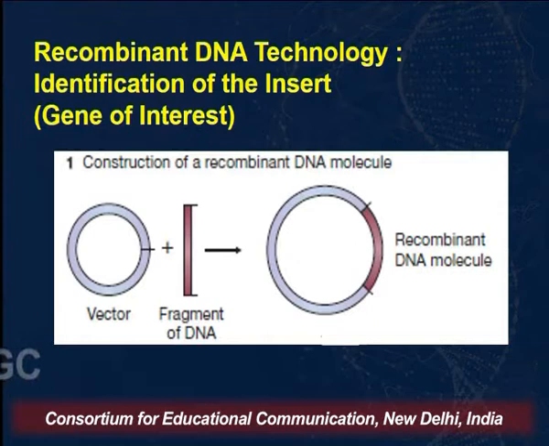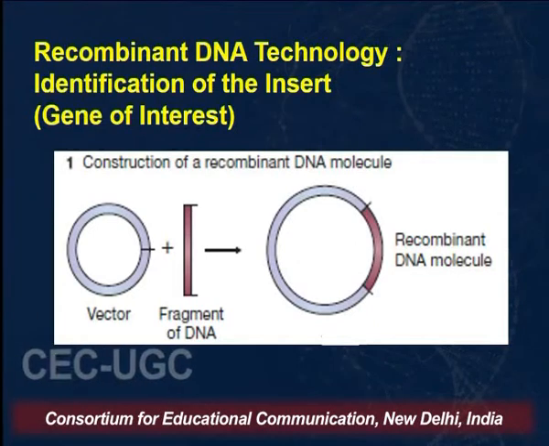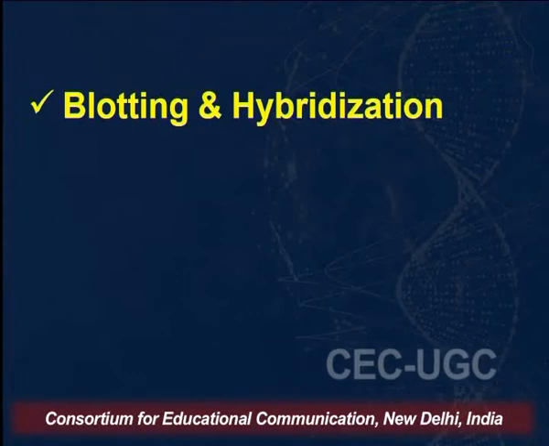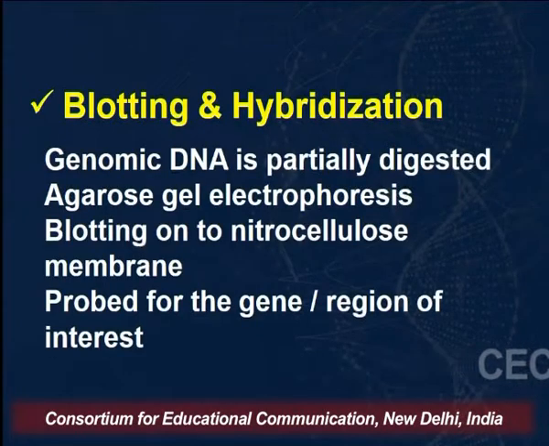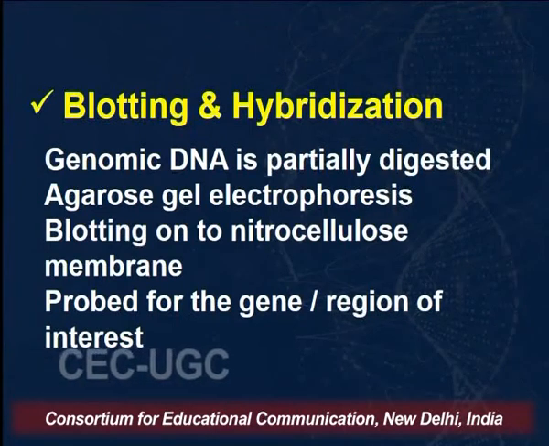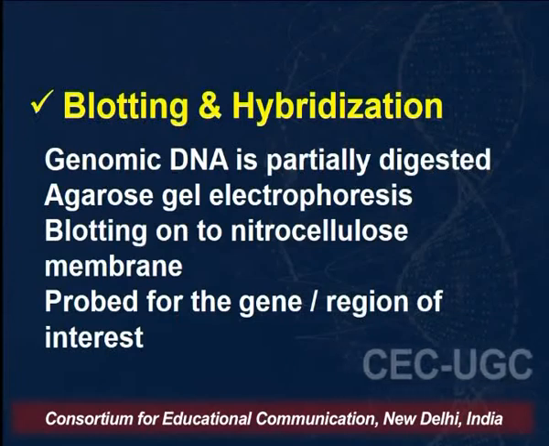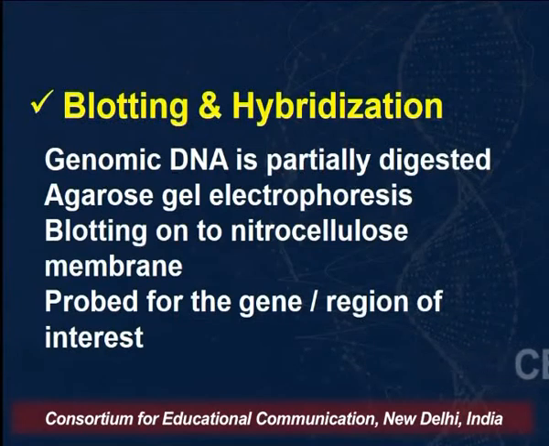To identify this gene of interest, we talked about two methods. The first method is blotting and hybridization. This again we have covered in our previous sessions in detail. In blotting and hybridization, the genomic DNA is partially digested. It is subjected to agarose gel electrophoresis.